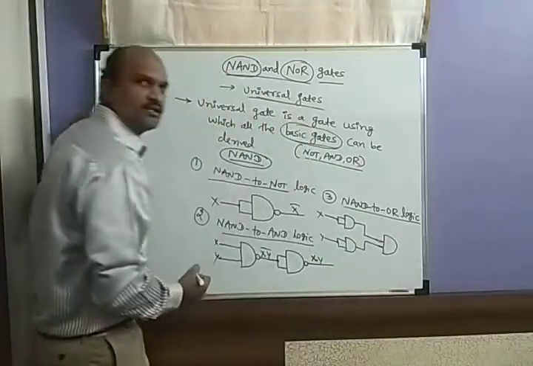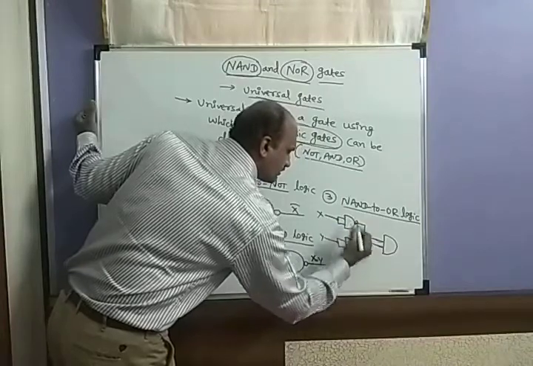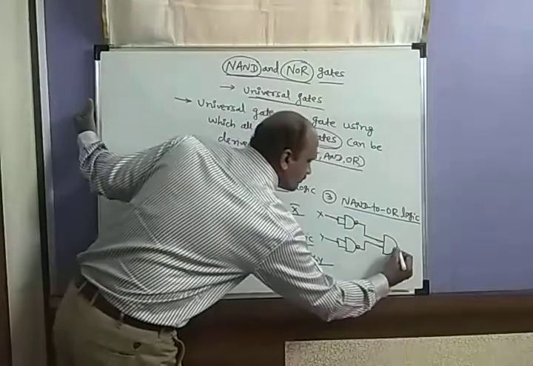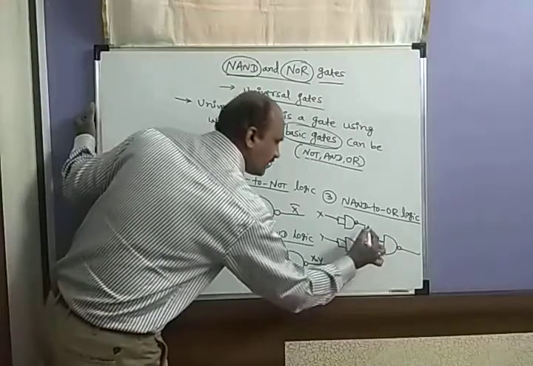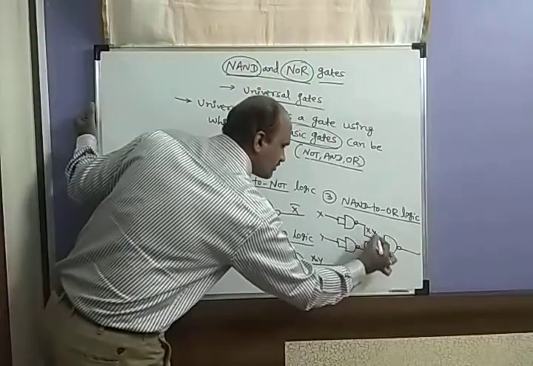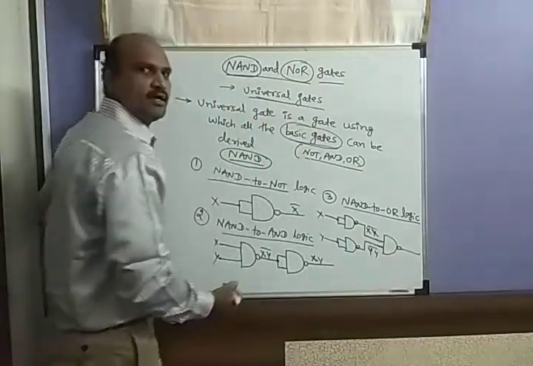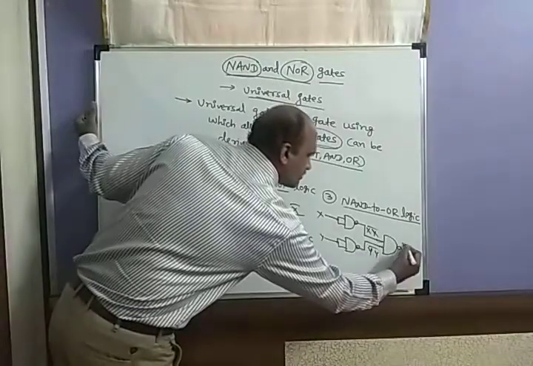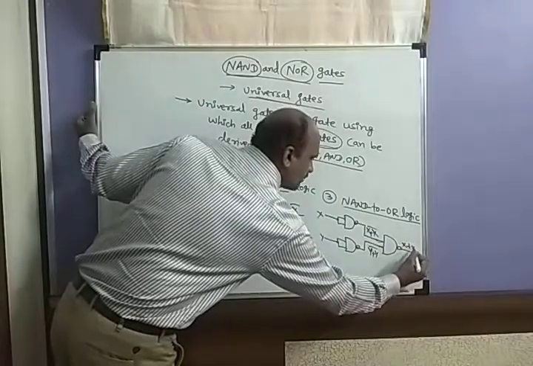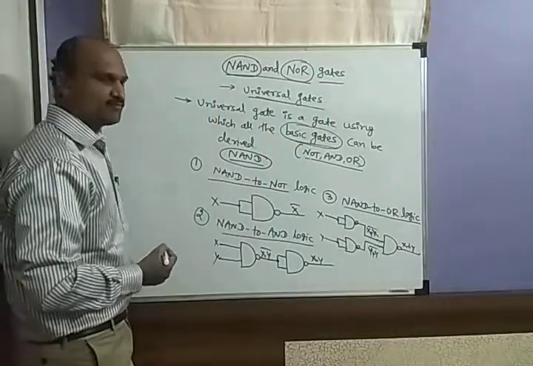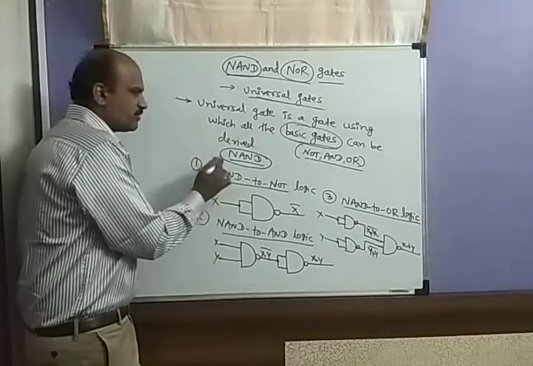If you write like this, it becomes AND, but if you write it rounded, then it will have an OR gate. Here X into X bar for this, and Y into Y bar for this, so what will happen is X plus Y.